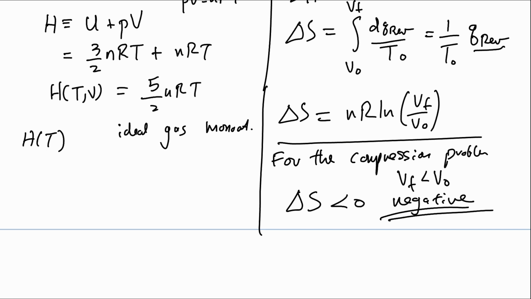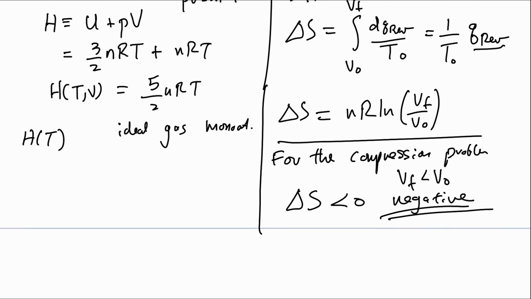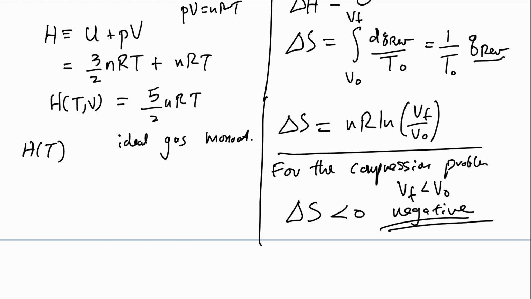Okay, it is negative, and that's okay. You can get negative changes in entropy, as long as you're not talking about everything, right? And so for compression, delta S is negative. But what if the final volume is bigger than the initial volume? I could ask questions like this without doing any math.